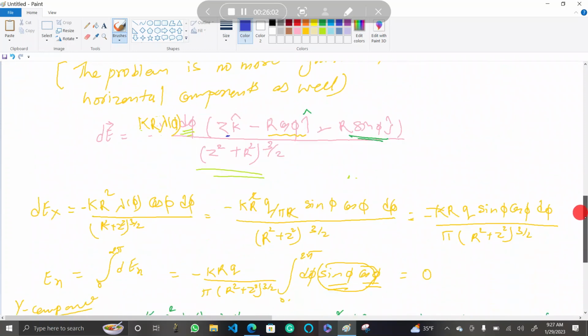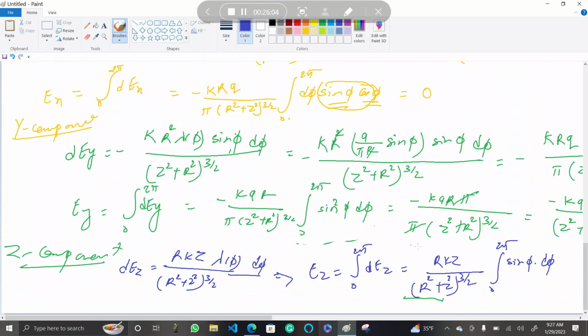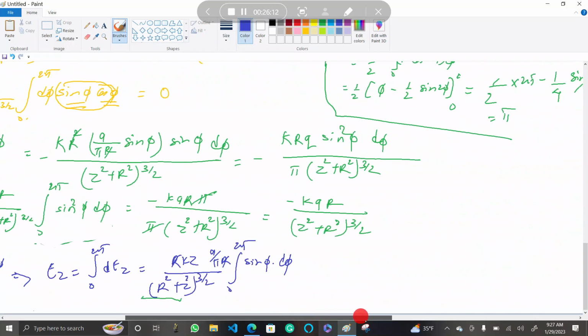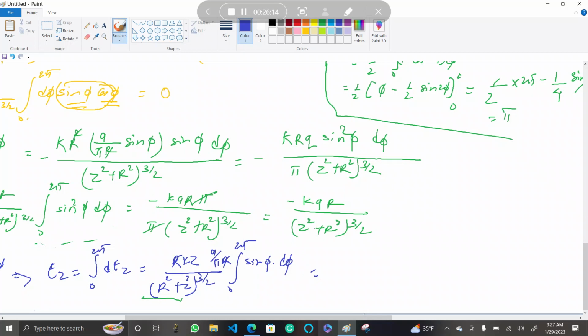Sorry, I have q by pi r also here, and this r and r cancel out. So my electric field becomes k q g over pi, r square plus g square to the power 3 by 2, and this integration is 0.